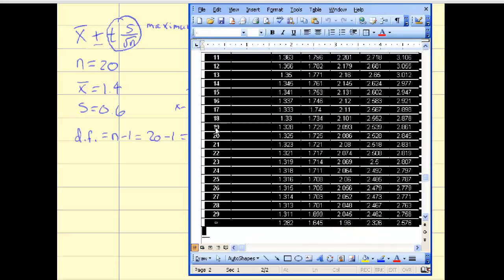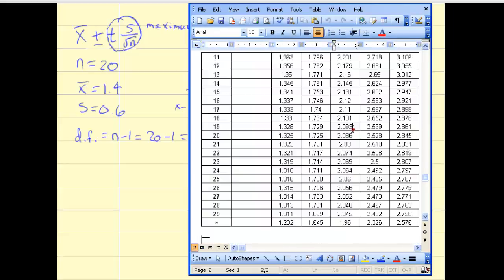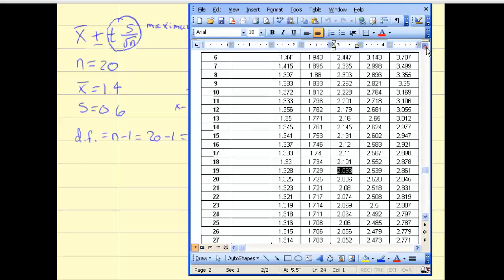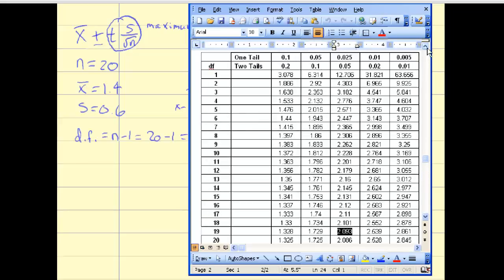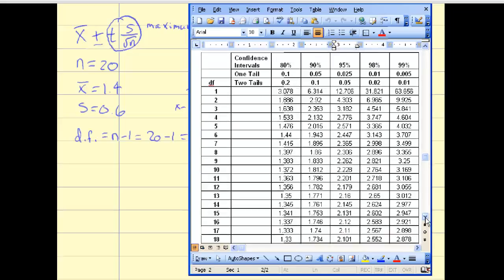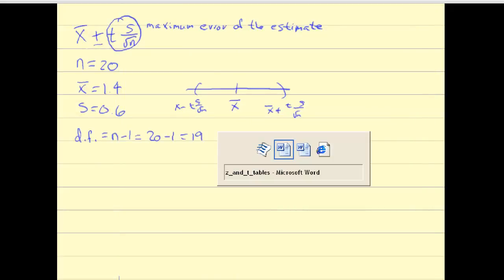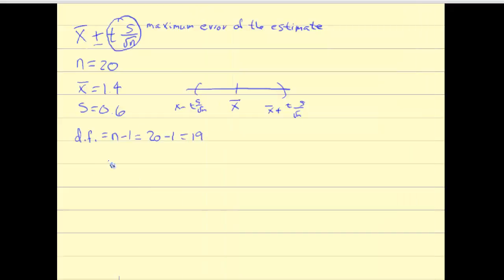And we have 19 degrees of freedom. 19 degrees of freedom corresponds to the 95% confidence interval column, right there where it says 2.093. So our t value is 2.093.